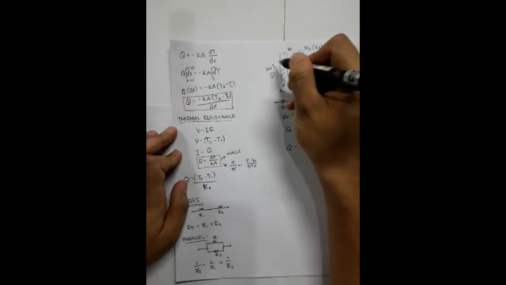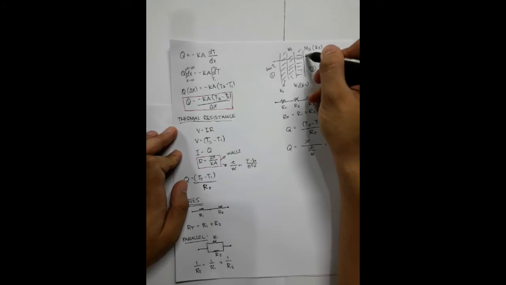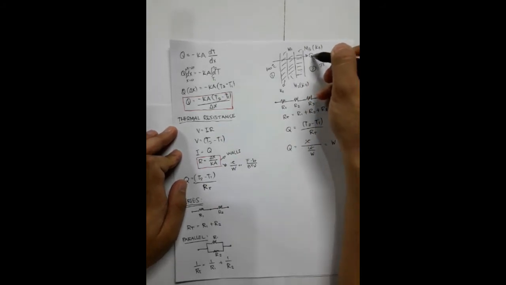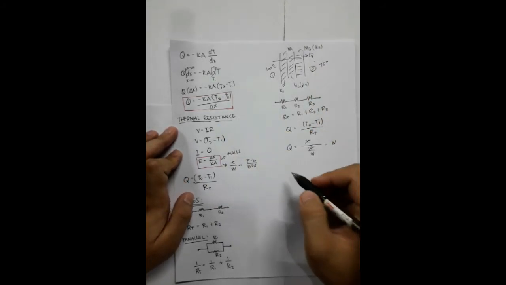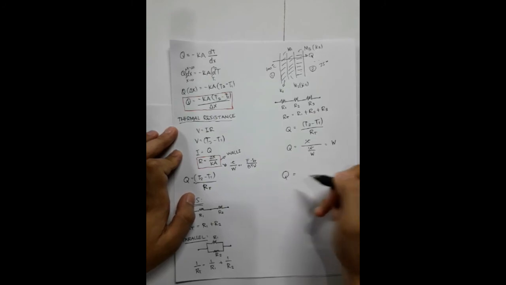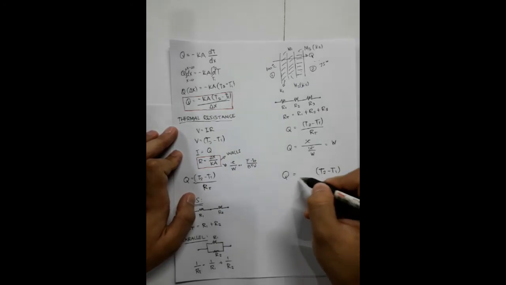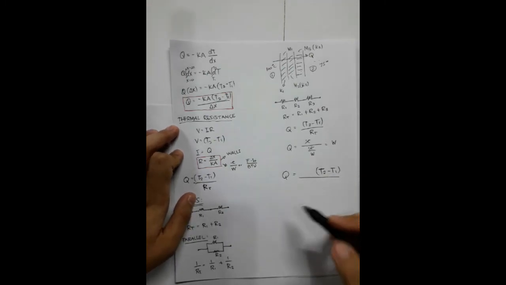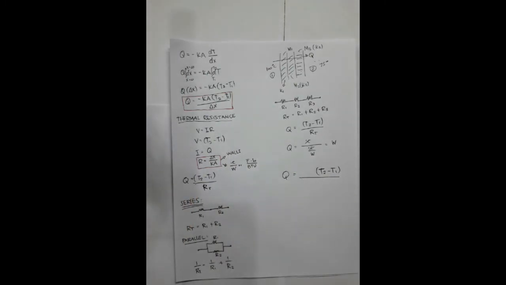So, pag ganun po ang flow ng heat natin. Kaya nga po sa formula, meron tayong temperature difference na T2 minus T1.